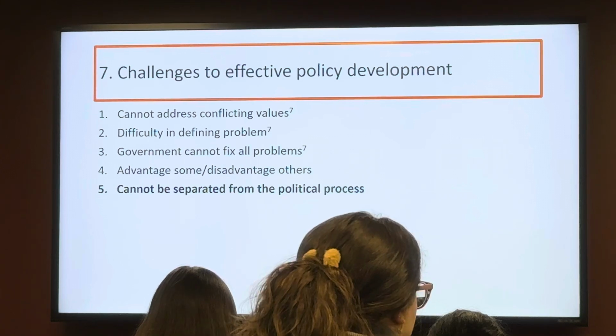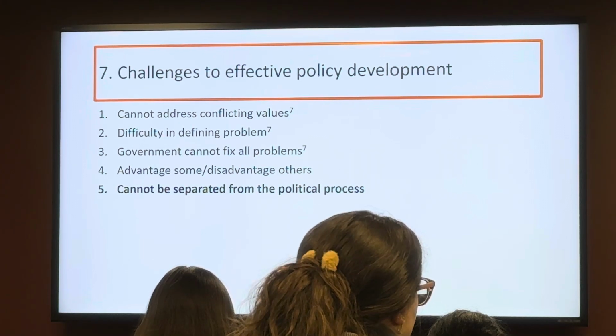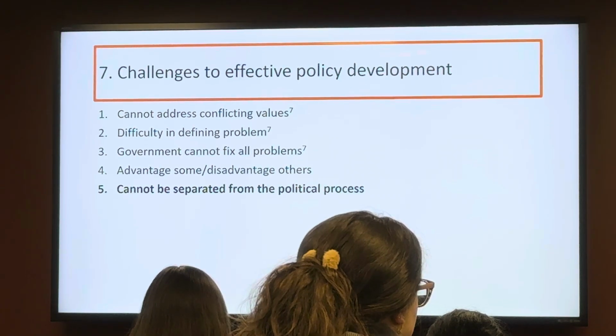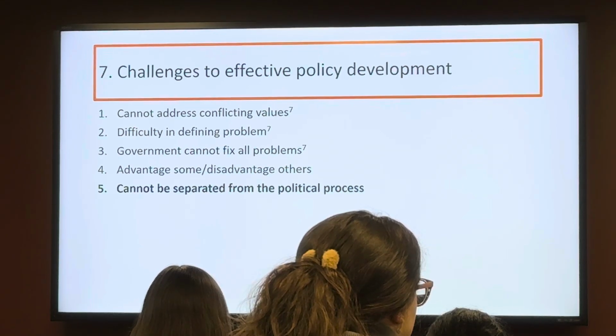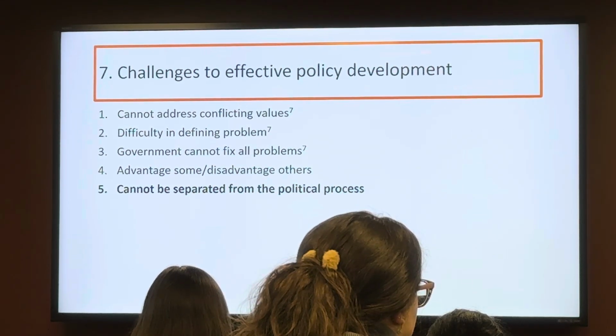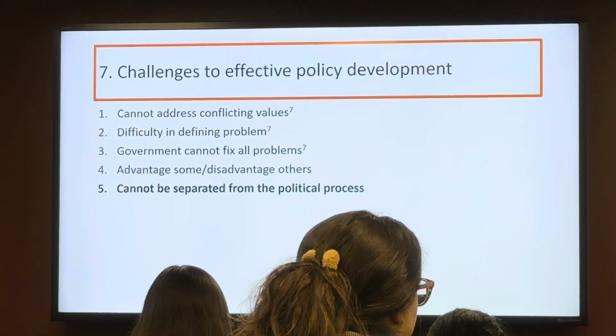People have all kinds of different values. You may agree with somebody on one thing because your values match, but then on another topic, you may be 180 degrees from each other. It's hard to change often what people value. We also sometimes have difficulty in saying, what is the real problem? And then, can the government fix all our problems?